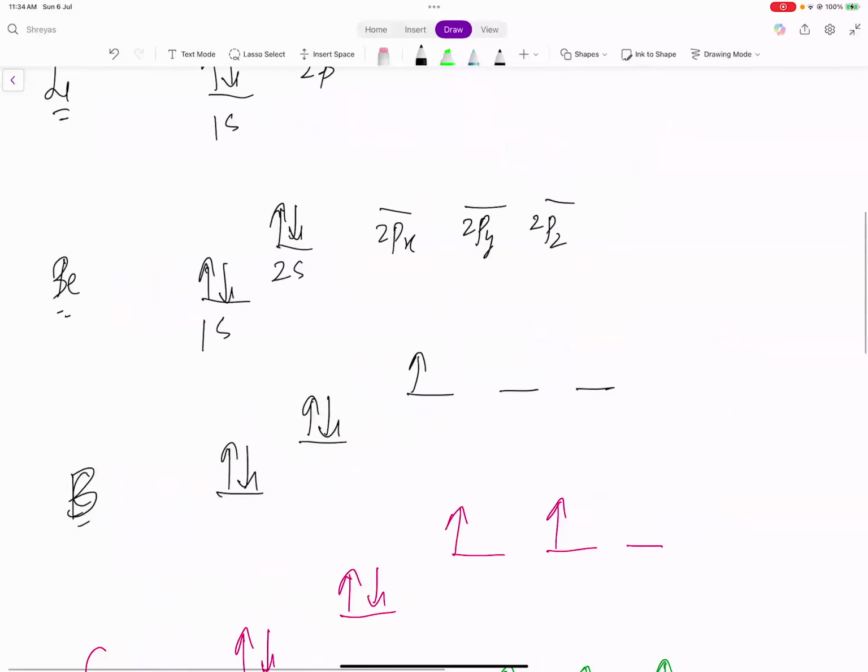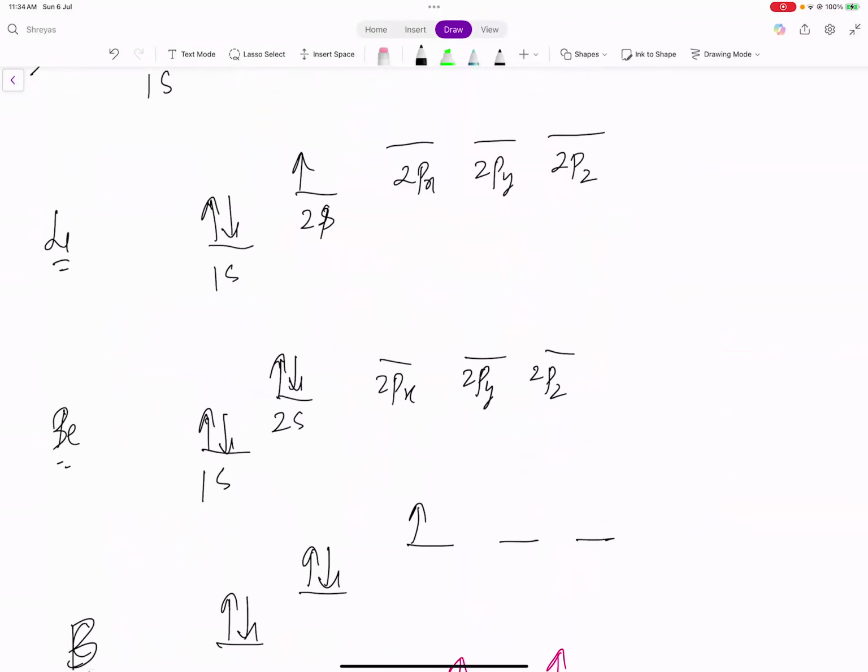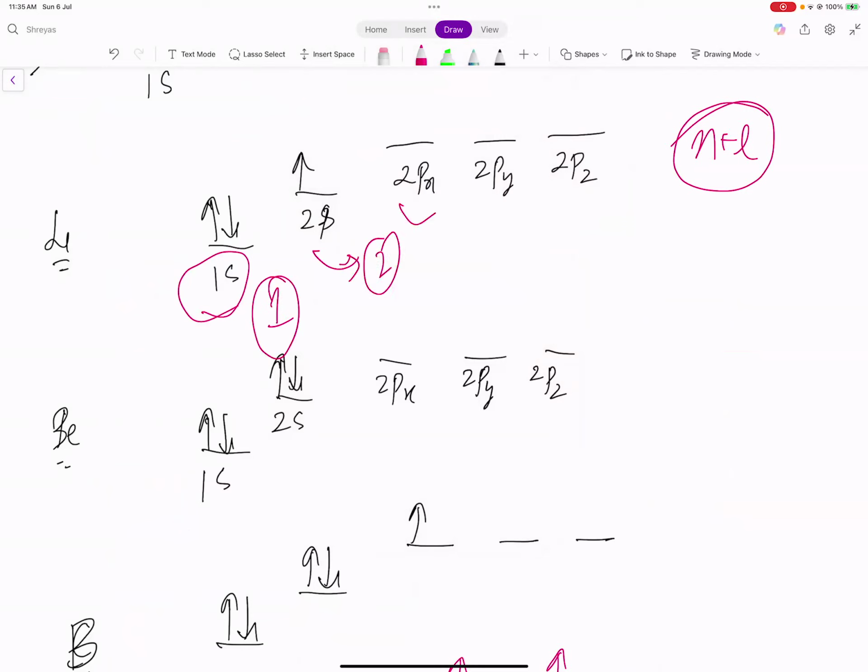Yes, sir. But what is the deciding factor for multi-electron? n plus l, right? So what is the n plus l for this? 1. What is the n plus l for this? 2. What is the n plus l for this? All 3.